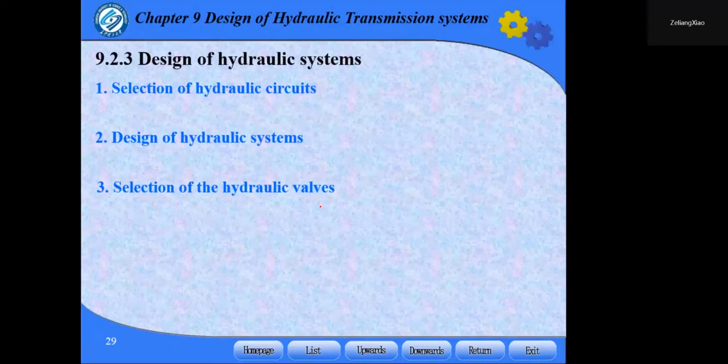Hydraulic circuit. From the working condition diagram, we can clearly see the features of the designed hydraulic system.